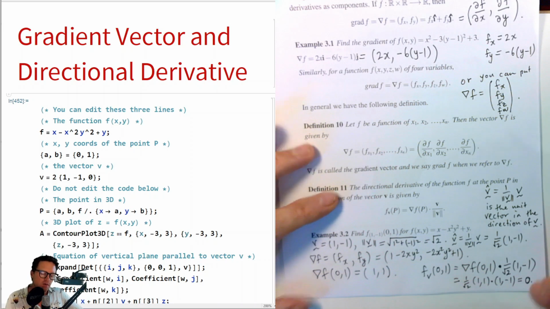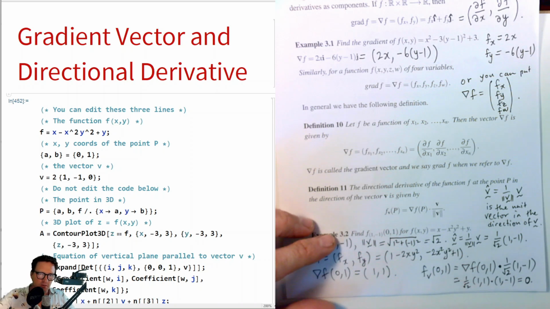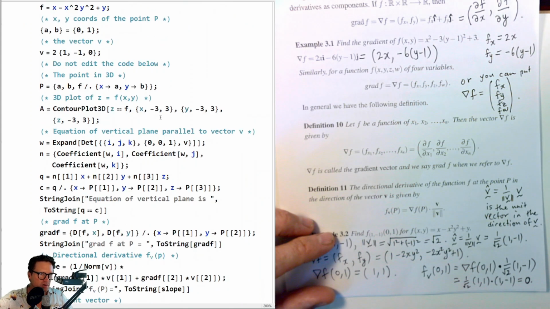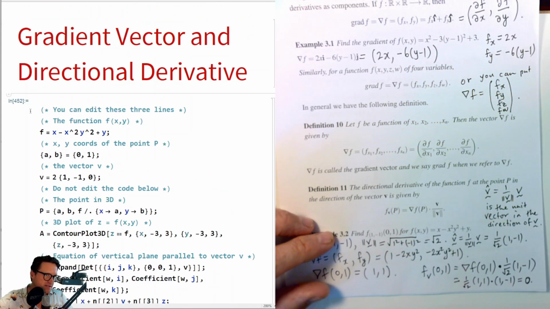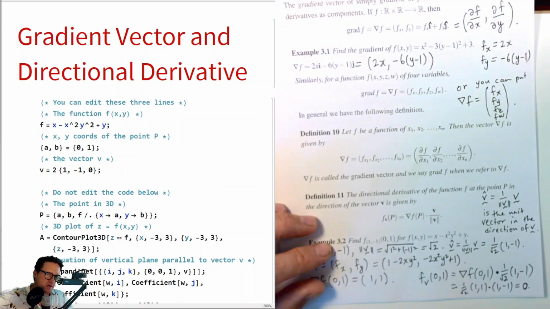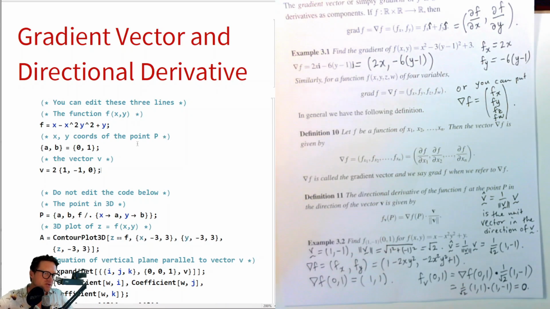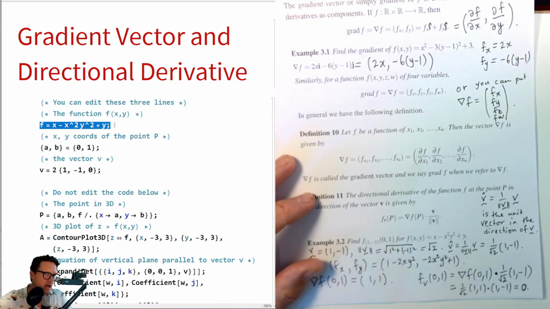All right, so now that we've done a basic calculation on this, let's visualize this geometrically. So I'm going to open up this, and you can see I've written a bunch of code. All right, so the first part is the part we can edit. I'm going to run this. And so what you see here is I've entered the function f.